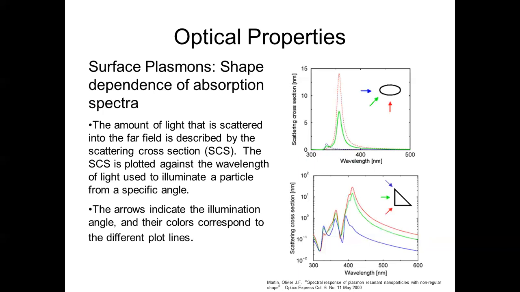So depending on the incident light, when they give a splash or when they re-emit light, they're going to be a different color. You can see on the right graphs that represent this. So if we look at the incident light, then we could see that these actually emit at different colors. Again, this is due to the geometry.